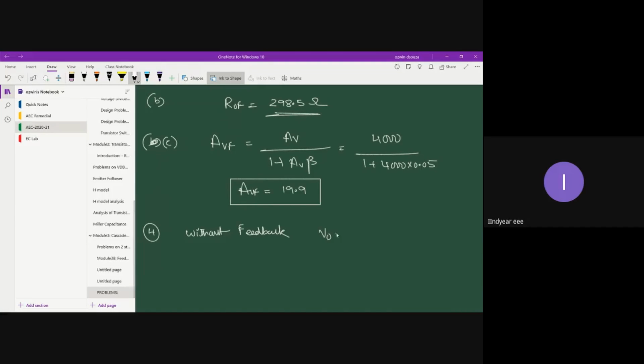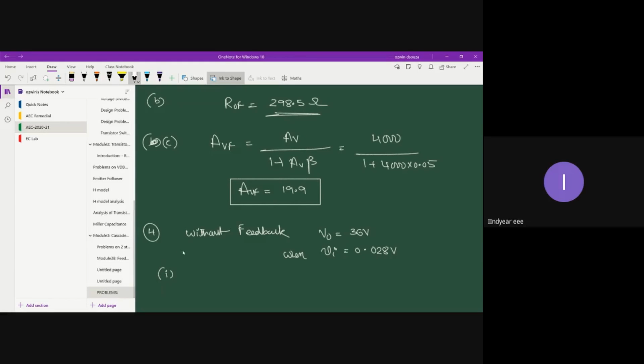So without feedback, output is 36 volt when the input is 0.028 volts.